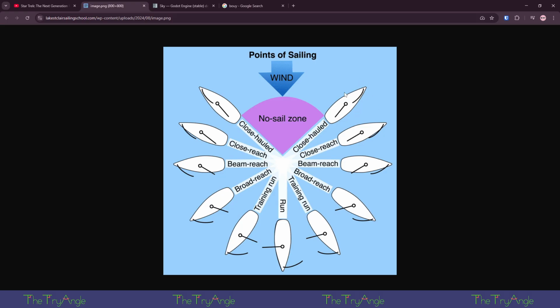And as we get to here, it's very little effective. And of course here it should be not effective at all. So wind effectiveness should be some value lerped from here to here.